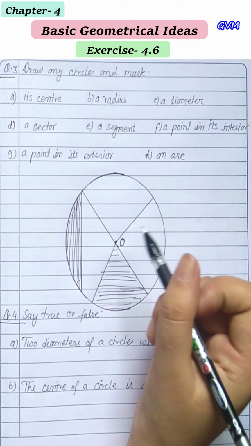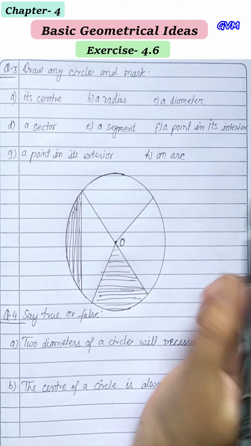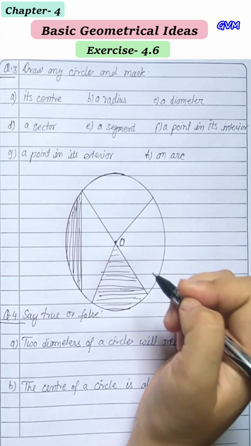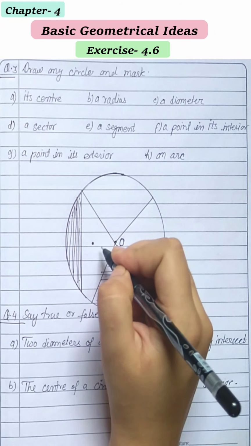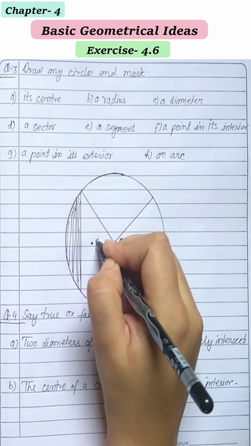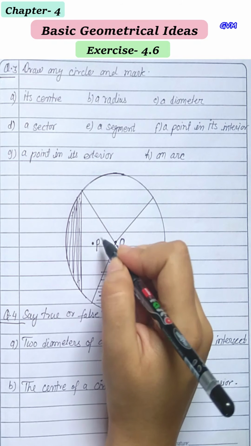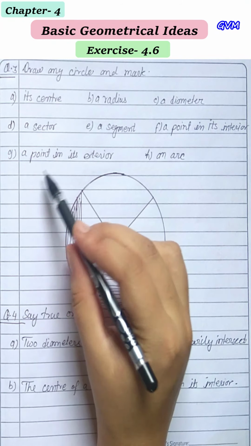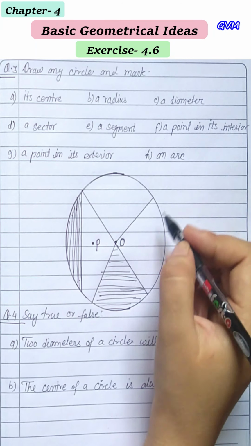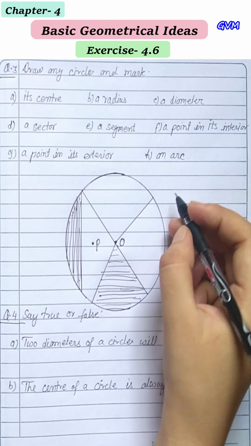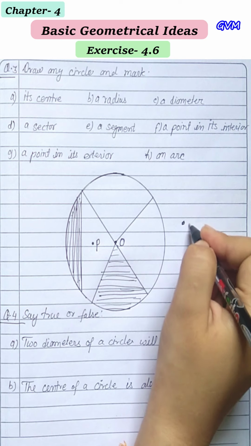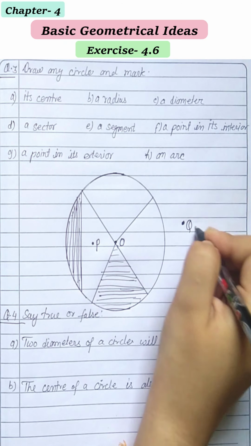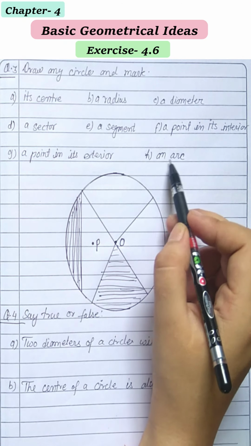Now a point in its interior. So a point is O, and also we can draw a point P. So in its interior we have a point P. A point in its exterior. So exterior में कौन सा point होगा? Let's draw here Q. And last one is an arc.